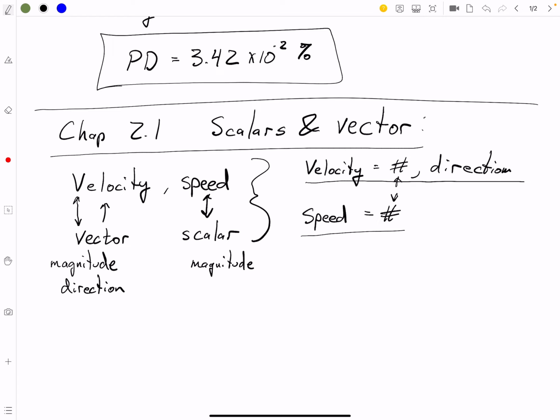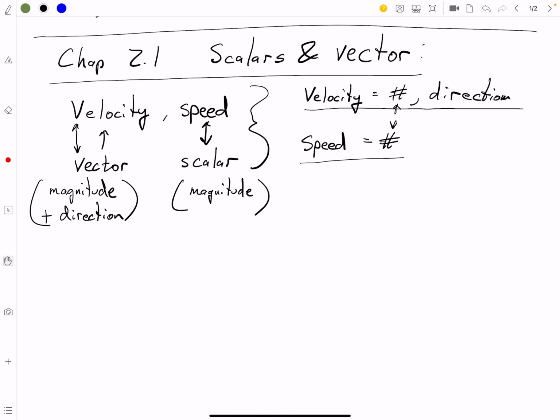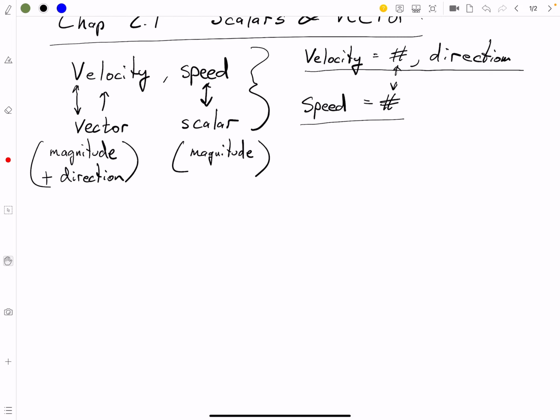So magnitude and direction. Scalars, just a magnitude. Well, scalars are a lot easier to work with, right? Everybody would rather work with a scalar. And when we start adding in conservation of energy to our life, things get a little bit more simple because energy is simply a magnitude or a scalar, right?